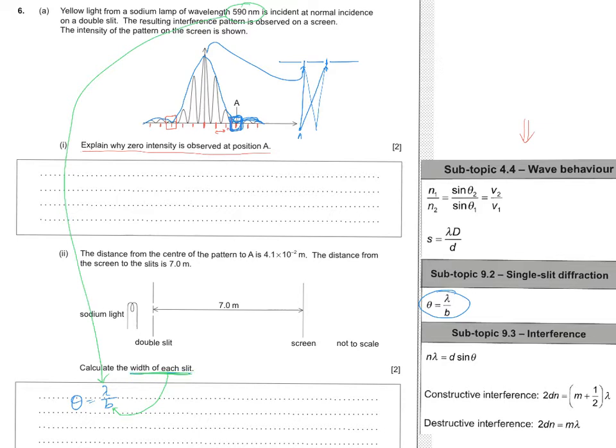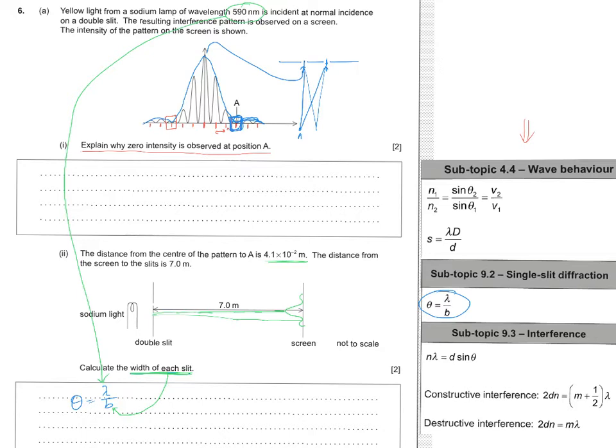Now remember, theta is the angle from, so if I have my single slit interference here, which looks something like this, right? It's the angle from here, the center bright, to the first minima of the single slit, which is A there. All right? That's why this is important, okay?